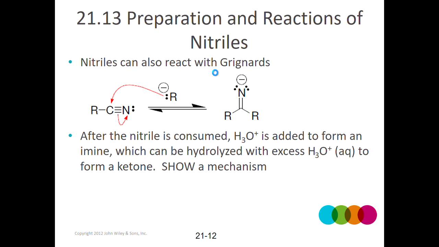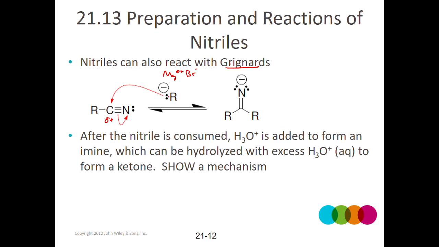What else can nitriles do? Well, they can be attacked by other nucleophiles, right? This carbon is a nice electrophilic site. The electrons are pulled away through induction and resonance toward the nitrogen. So any strong nucleophile like a Grignard, which would obviously have a magnesium sharing electrons with the carbon, but the carbon can basically treat those electrons as if they're owned by the carbon.